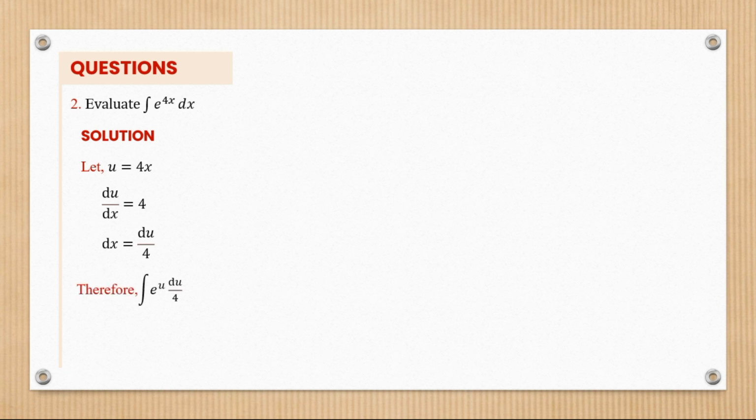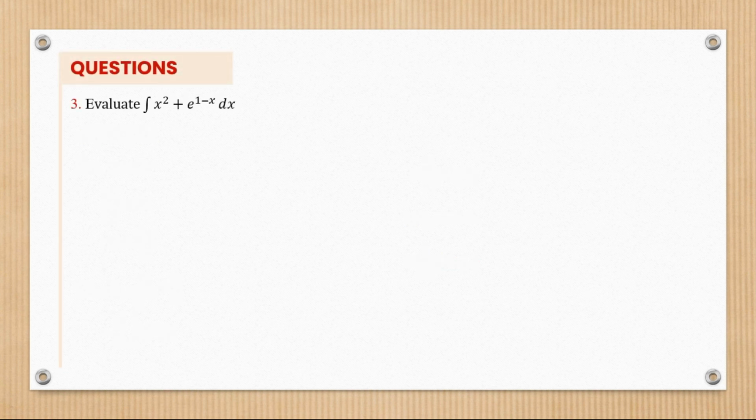So substitute that back in, and we have e^u times du over 4, and then we can pull out a quarter from there, and we know the integral of e^u is definitely e^u. But remember that u represents 4x, so therefore we have a quarter e power 4x plus c. So that's the answer of the integral of e power 4x, and that's how we would do such a number.